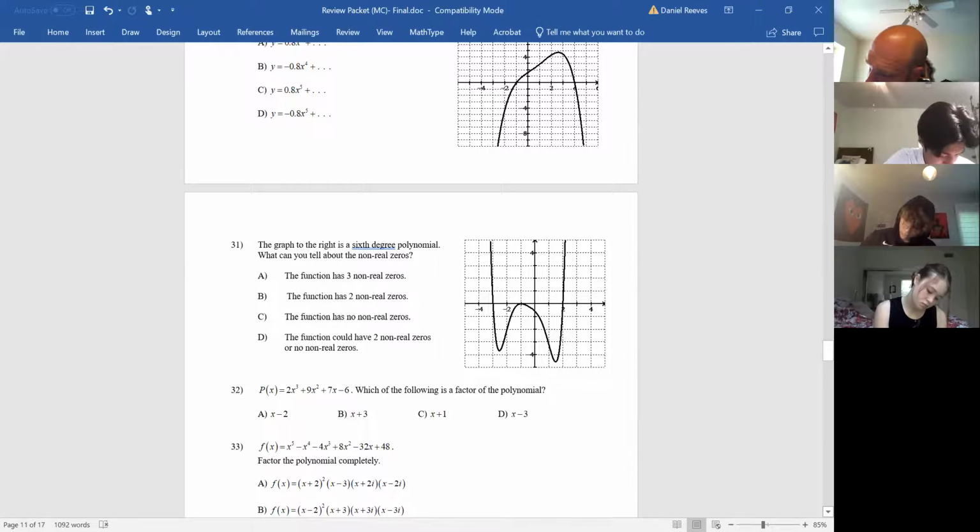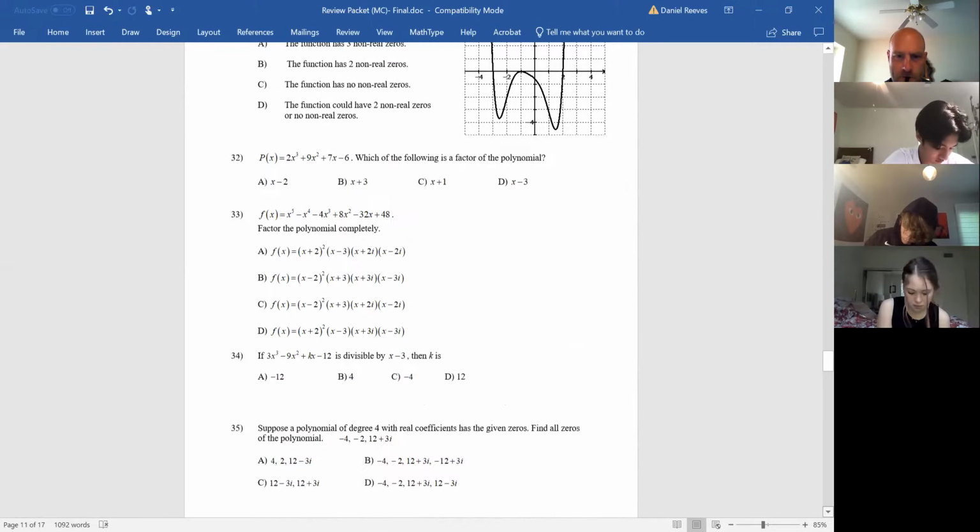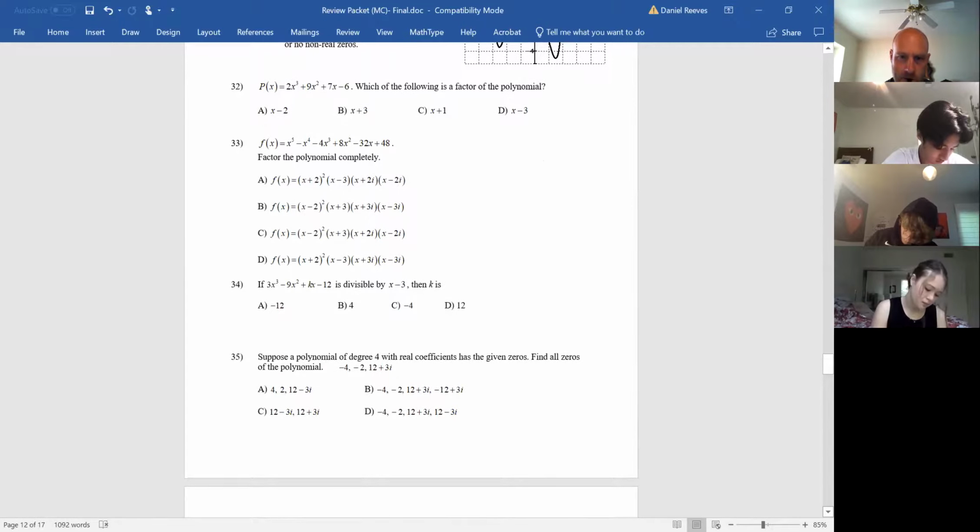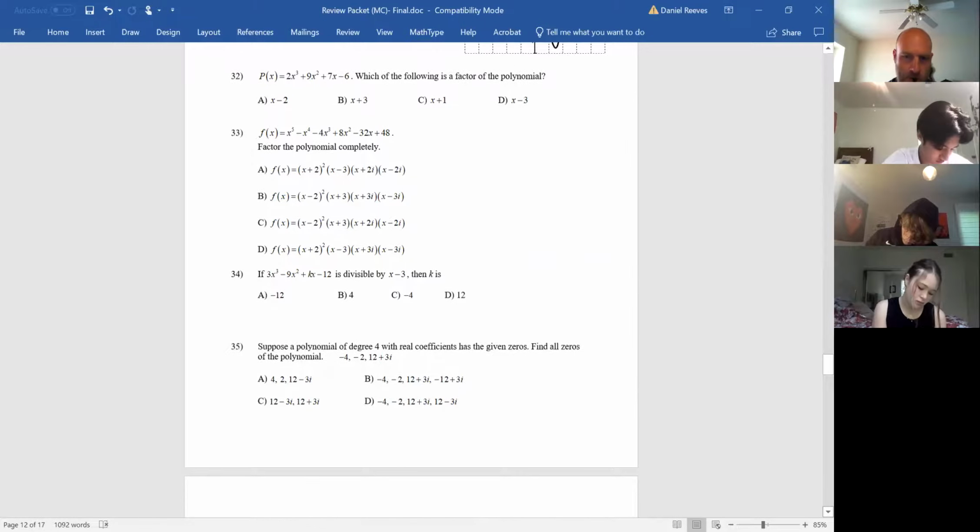You can write imaginary zeros, I suppose. Factoring polynomials. Okay. Maybe throw in some check marks over here, because it seems like the next couple of them are doing the same stuff.